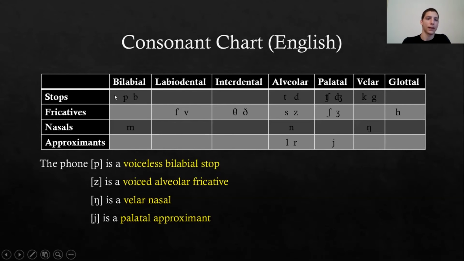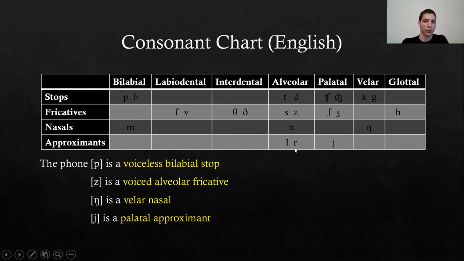So the other convention in looking at a consonant chart is you see that there are some cells that have two sounds in them. And so the sounds on the left are voiceless. So if you feel your throat when you say P, you'll feel no vibration. But if you say B, B, B, you do feel vibration. So in the consonant chart, the sounds on the left are voiceless and the sounds on the right are voiced.